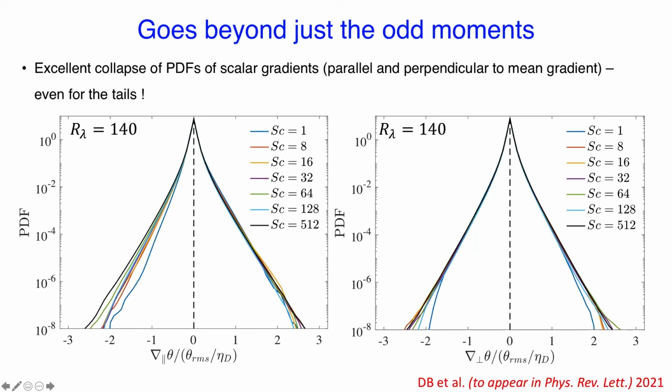But for the gradients in the perpendicular direction, we see that both sides of the PDF collapse perfectly with this rescaling, because for the direction perpendicular to the mean gradient, the odd order moments are already 0, so the PDF is automatically symmetric.